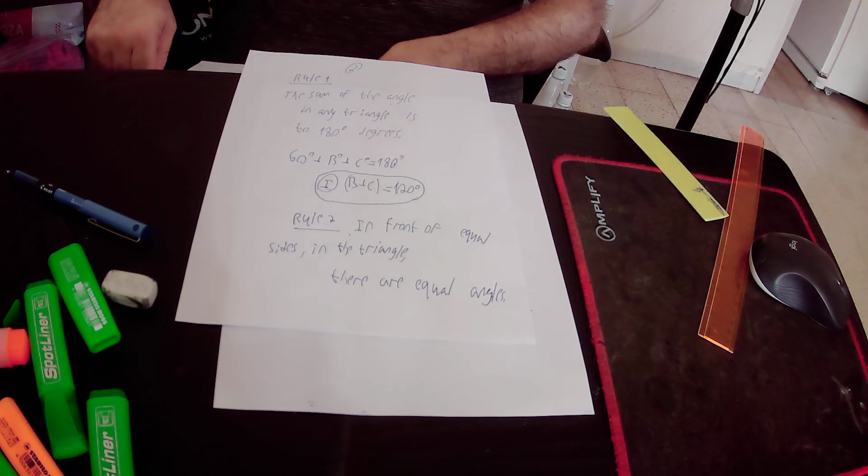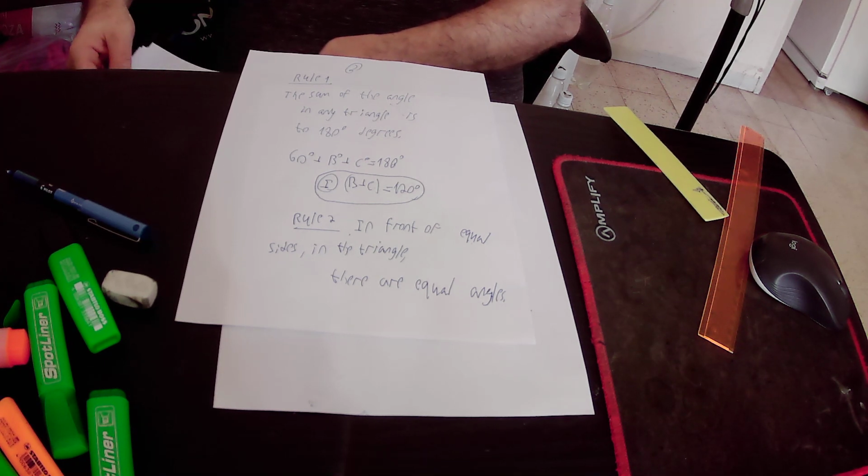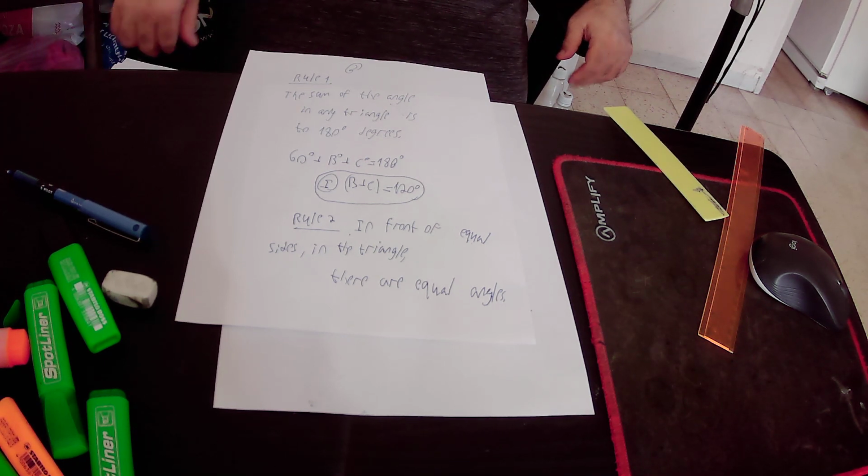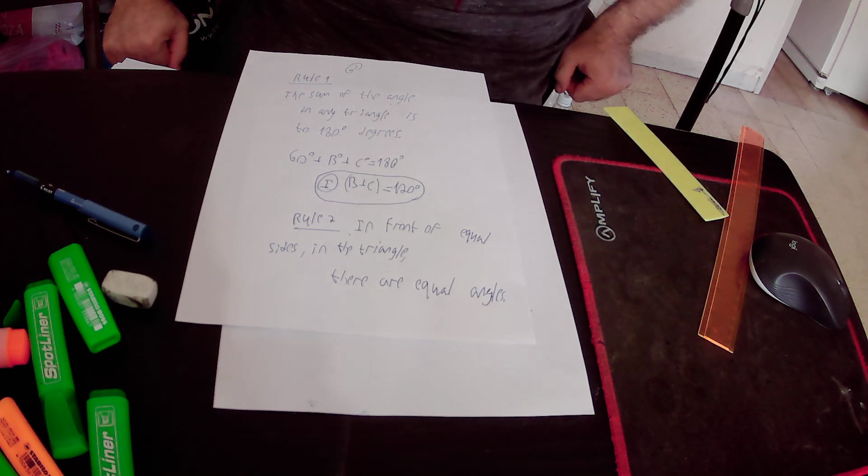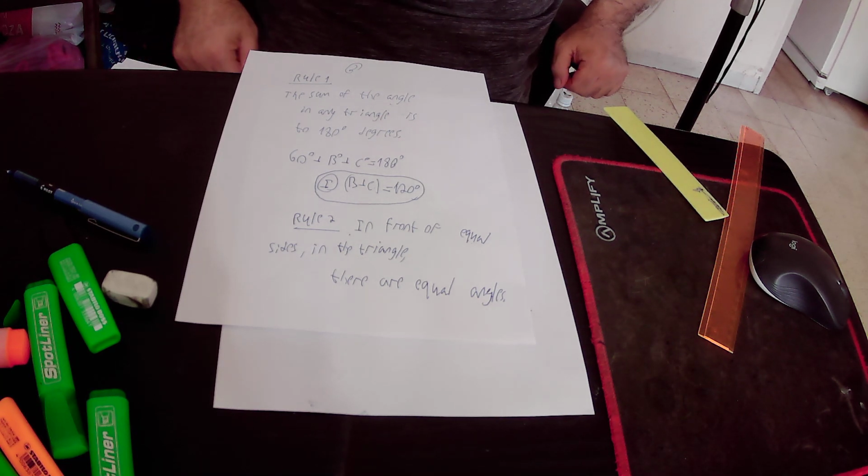Then we have rule number 2 that states that in front of equal sides in a triangle there are equal angles.